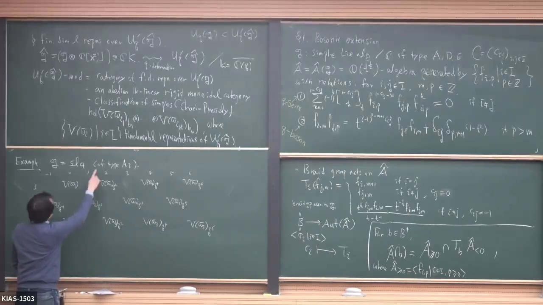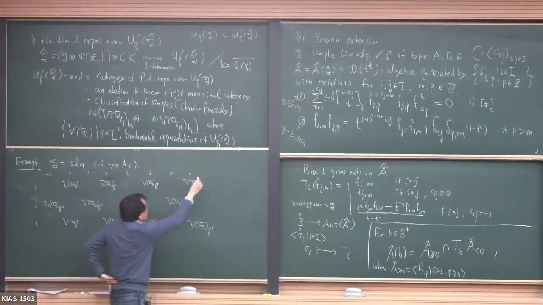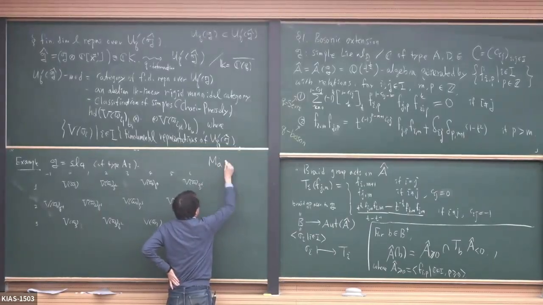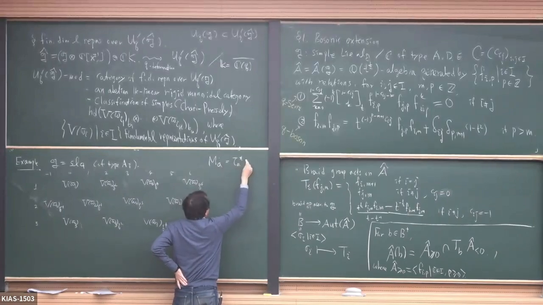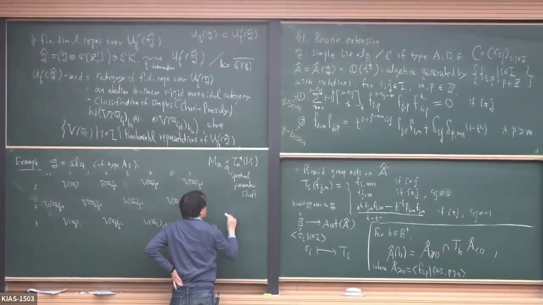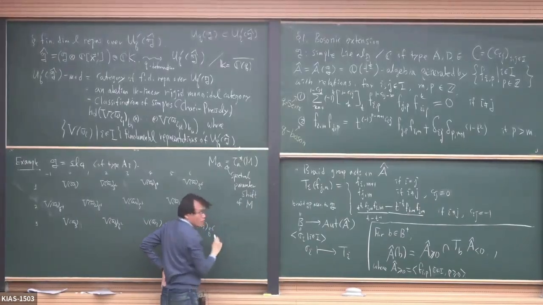As I told you, here the spectral parameter shift by a is a twist of the module.